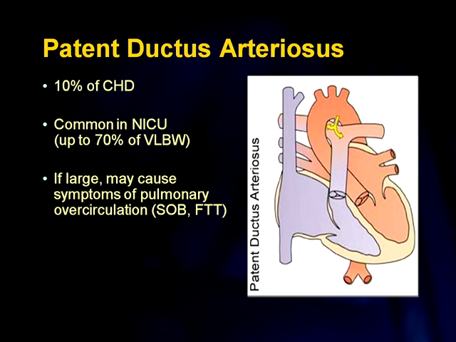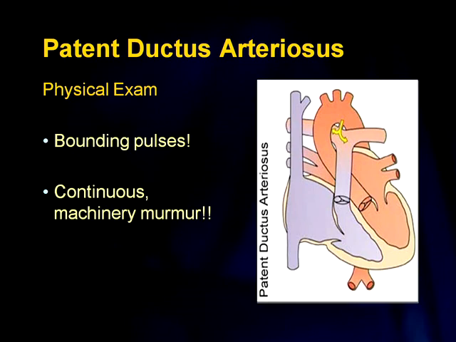If large, it can cause symptoms of pulmonary overcirculation, shortness of breath, failure to thrive, and cause this one day. Okay? Irreversible, horrible pulmonary vascular damage. Physical exam. Know this one, outline, yellow, whatever you do. Okay? Bounding pulses, and that typical machinery continuous murmur, left upper sternal border. You've all heard it. Okay?